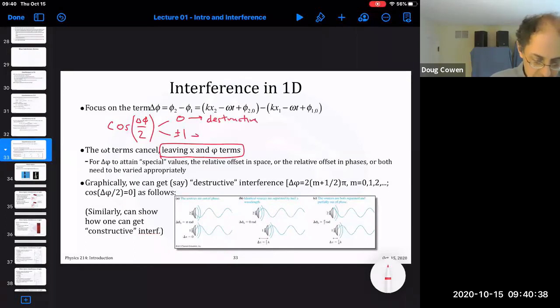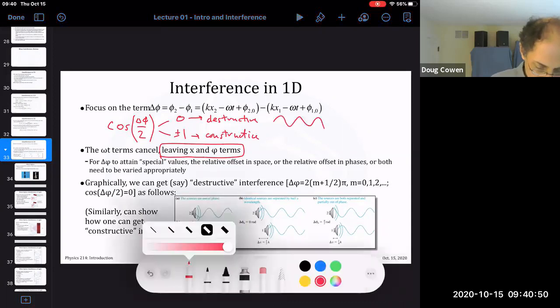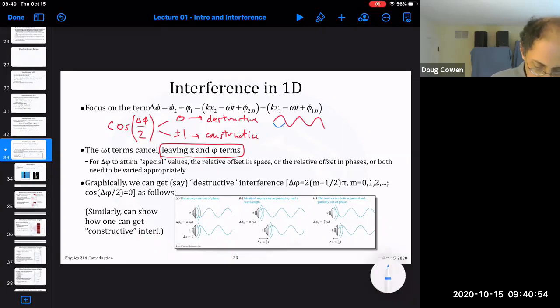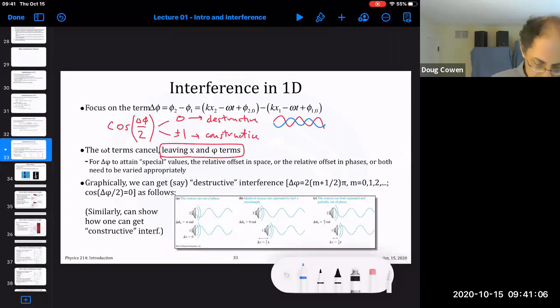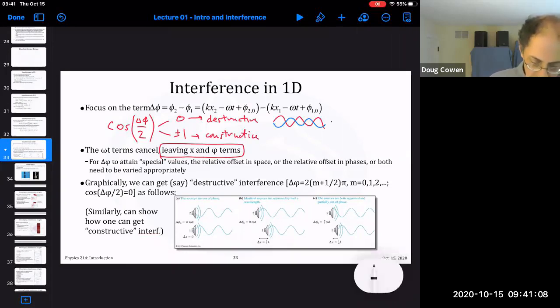When it's plus or minus 1, we'll get constructive interference. In the first case, the two waves basically look like this, and the second wave might look like that, and they essentially cancel each other out. The same amplitude, same frequency, so the peaks line up with the troughs and the troughs with the peaks, and you end up with a flat line, nothing.